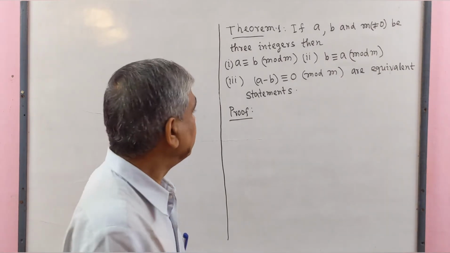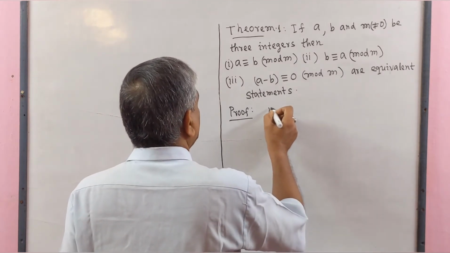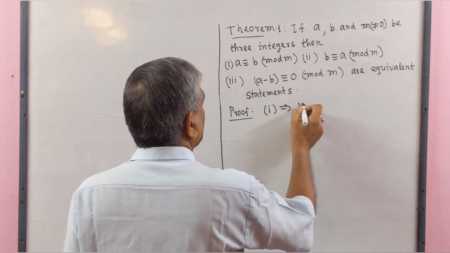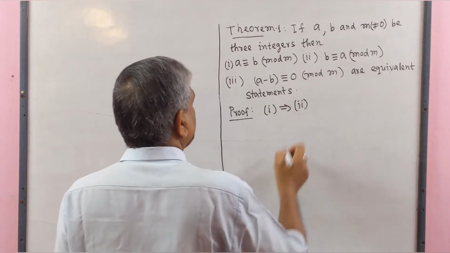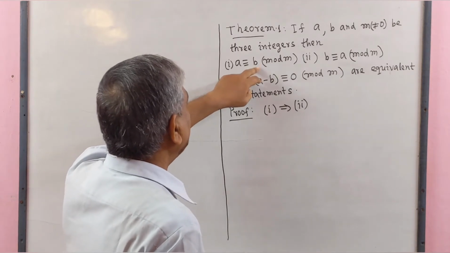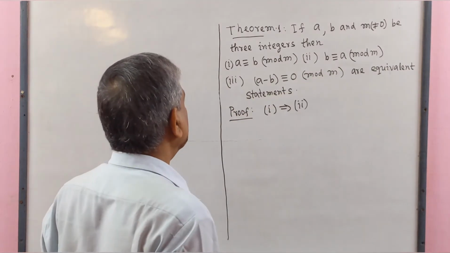Now we prove this. Firstly, we prove 1 implies 2. That means if 1 is true, then on the basis of 1 we may get 2.